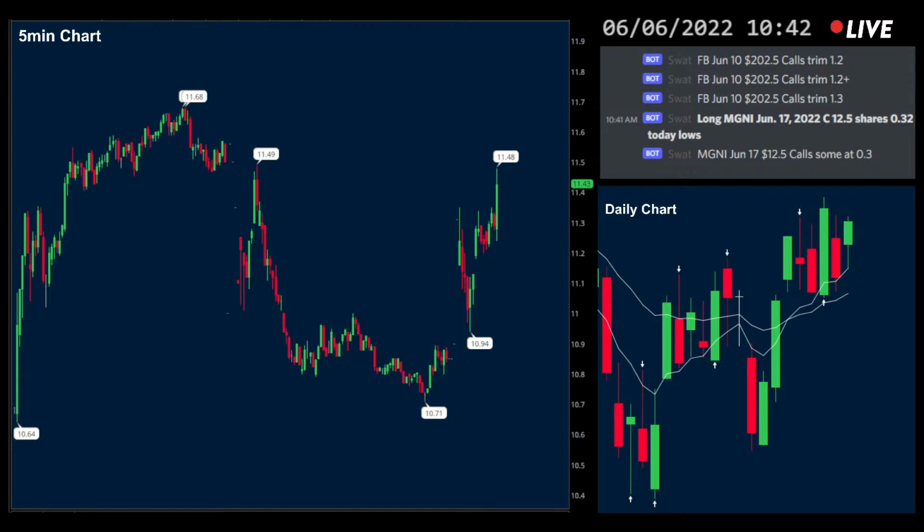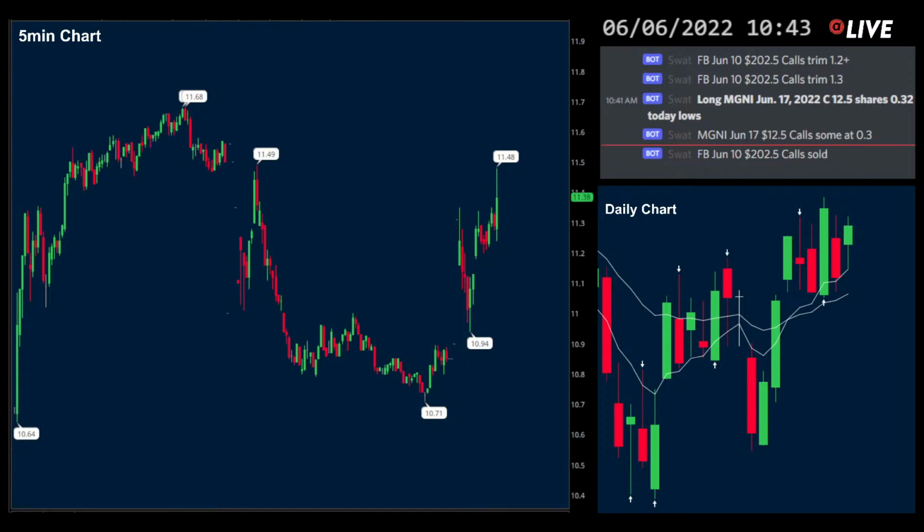Still very, very slow. But market red, still on the green. Slow but on the green. Okay, I sold Facebook. Took the gains.